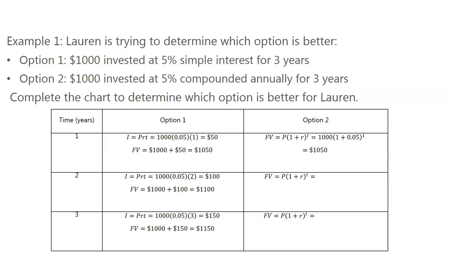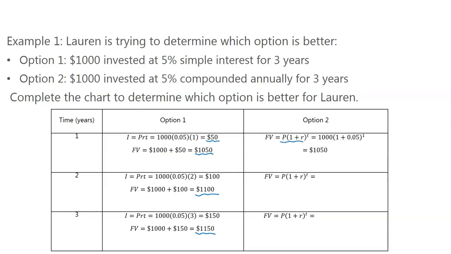So I just copied over the information. We said that after 1 year, you would earn $50 in interest, which means you would have $1,050 in total. After 2 years, you would have $1,100, and after 3 years, $1,150.